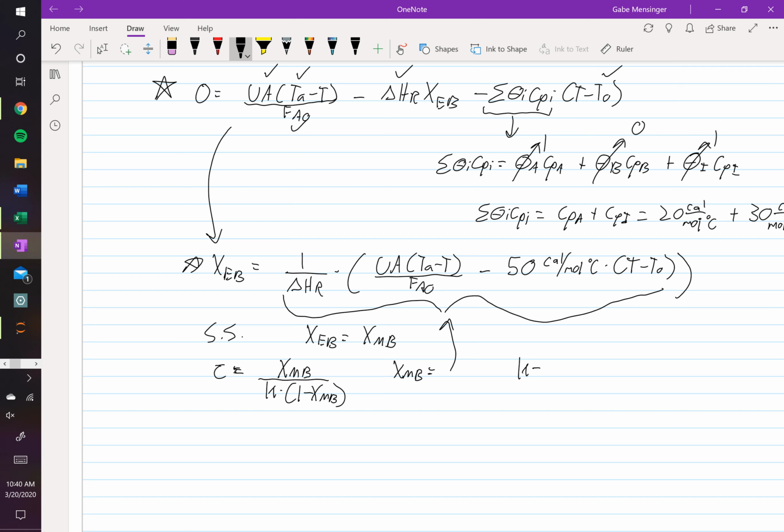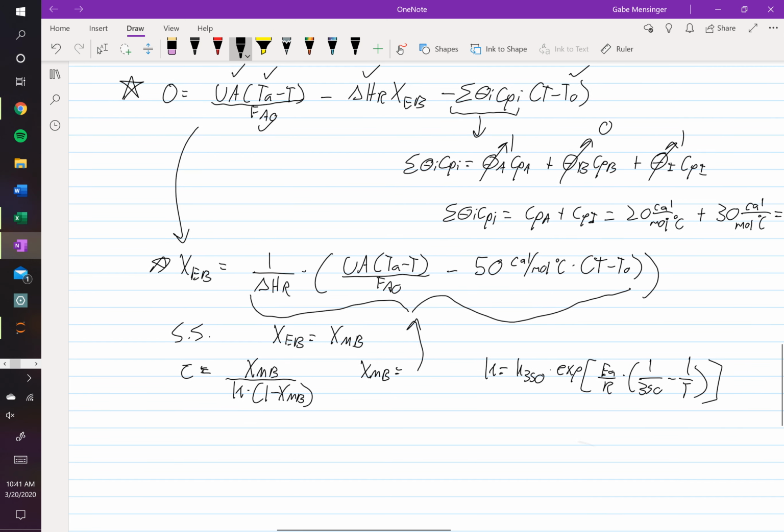And remembering that k is also a function of temperature, with the factor of 1 over T. So now, technically, we only have one unknown, because we have written our conversion, which also technically is unknown, in terms of our temperature, which is ultimately the unknown that we want to find.